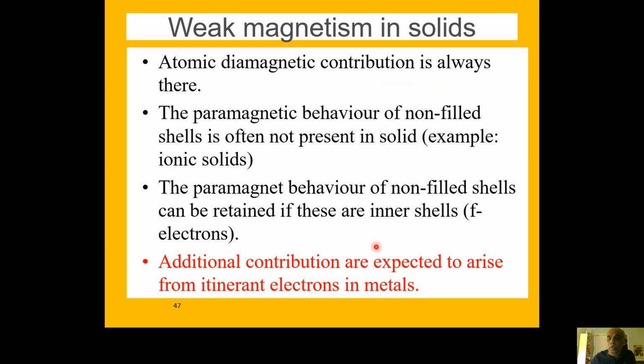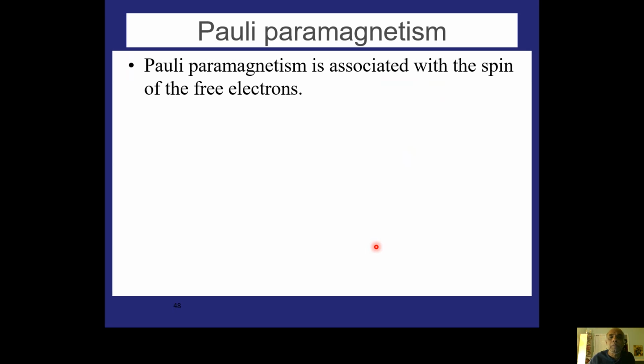So next we are going to talk about properties coming from free electrons in metals. That is the Pauli paramagnetism. This is all coming from free electrons. Then we'll talk about a similar free electron contribution for diamagnetism. That's called the Landau diamagnetism. First, we'll talk about the Pauli paramagnetism.